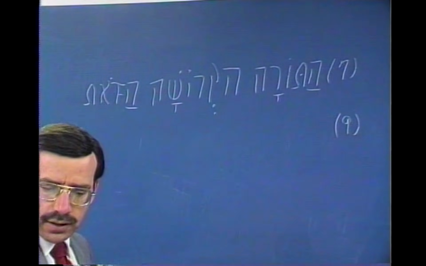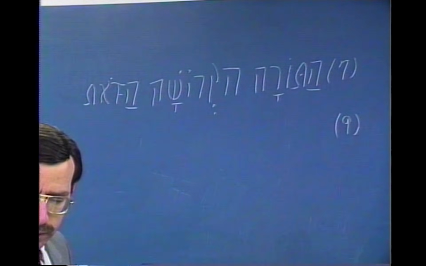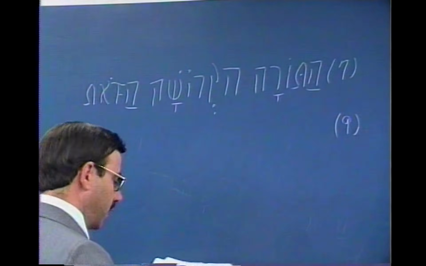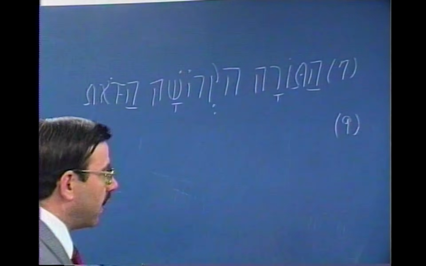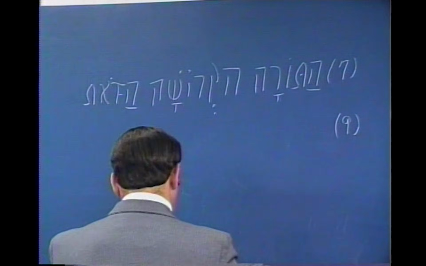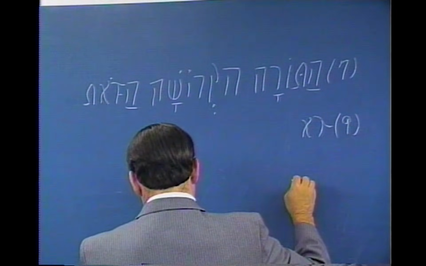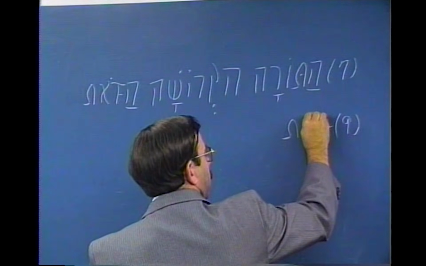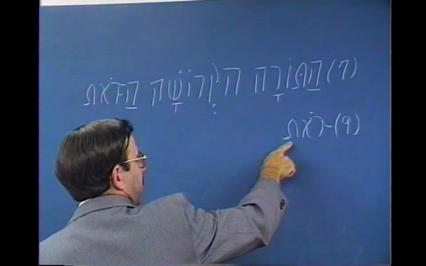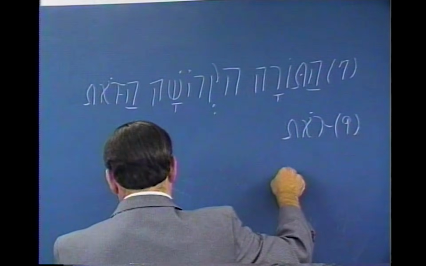Continue to work, and hopefully you're getting these down as well, that we want to say, this is the holy law. This, we're emphasizing. So we say zot, we use the feminine because we're still talking about law, and law is feminine.